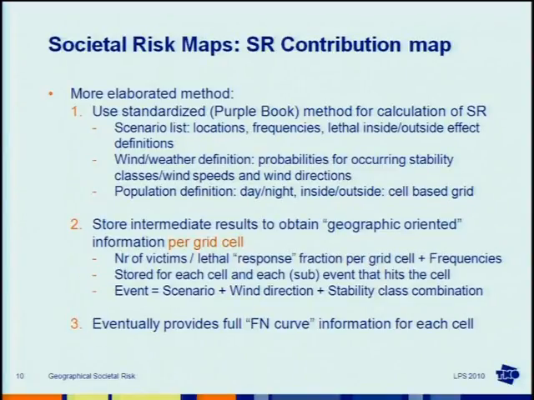And eventually, that gives you an FN curve per grid cell, per cell of your study area. So the number of victims, or lethal response fraction, and frequencies for every event that may hit that cell are stored and combined. Then eventually you end up with an event curve per location.